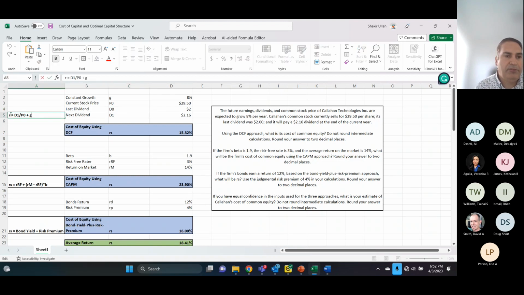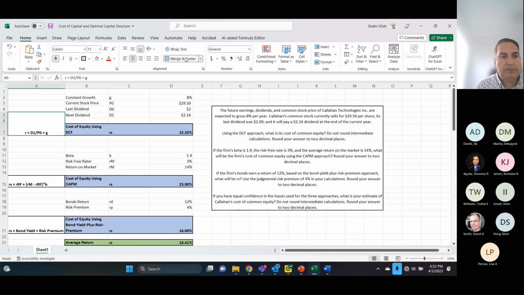So here is the formula. If you can recall from our dividend discount model or discounted cash flow model, the formula we had was P0 equals D1 divided by RS minus G. In this case, because we are calculating RS, we simply rearrange this formula.